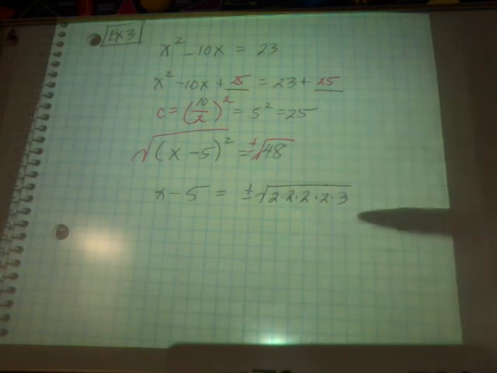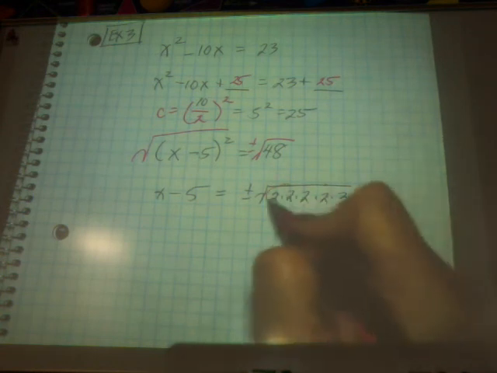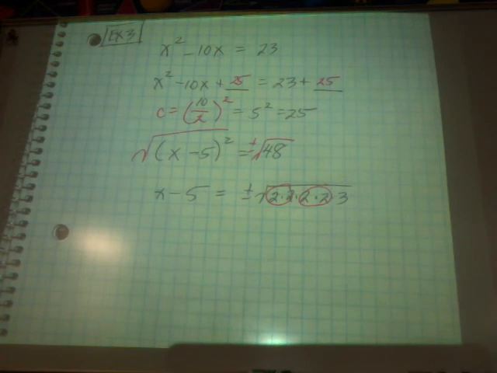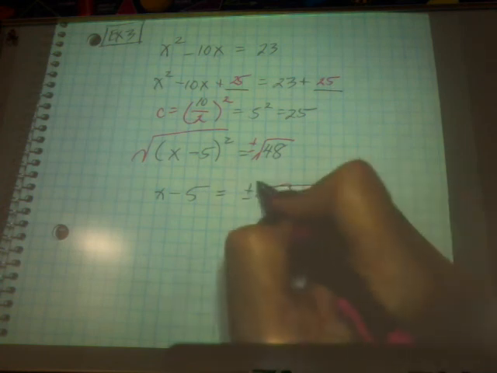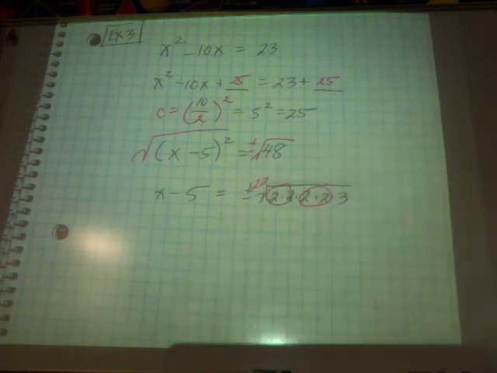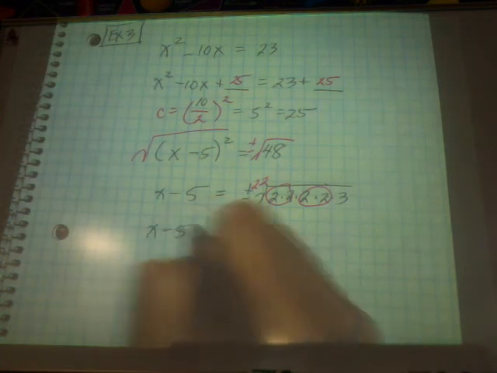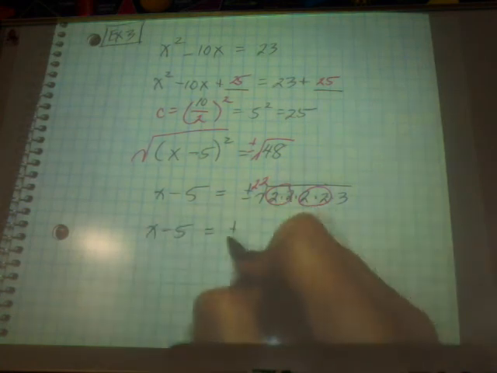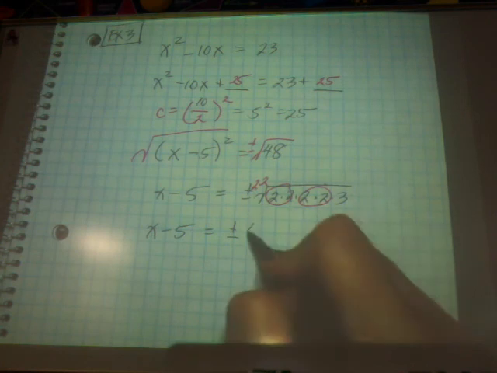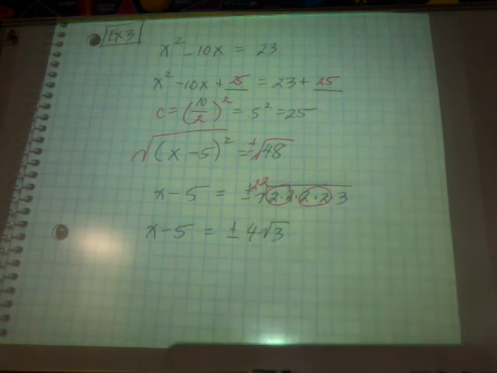All I did was prime factor it, which means I can take out 2 sets of 2's. So that would mean I would have a 2 times 2 out front. So I have x minus 5 equals plus or minus 2 times 2 is 4, and then the 3 stays underneath.